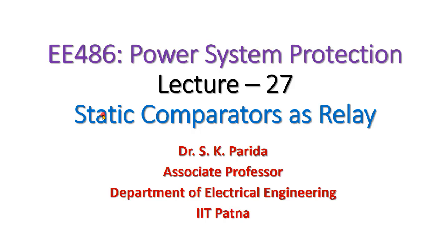We also discussed how we can implement various types of relays, like the overcurrent relay, directional overcurrent relay, then different types of distance relays like the impedance relay, the reactance relay and the mho relay, using different types of comparators.